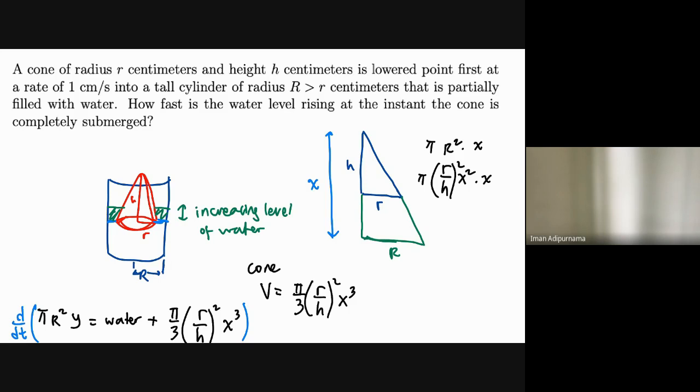So maybe we can take that as h, the height of the cone. Yeah, maybe. But I don't think it's the volume. So I need to check this one again, and check which assumptions we need to take to make our calculations correct. Okay, let's just skip this one first.